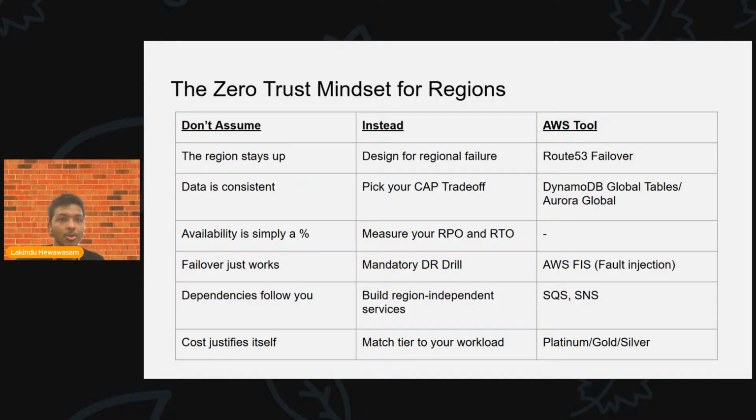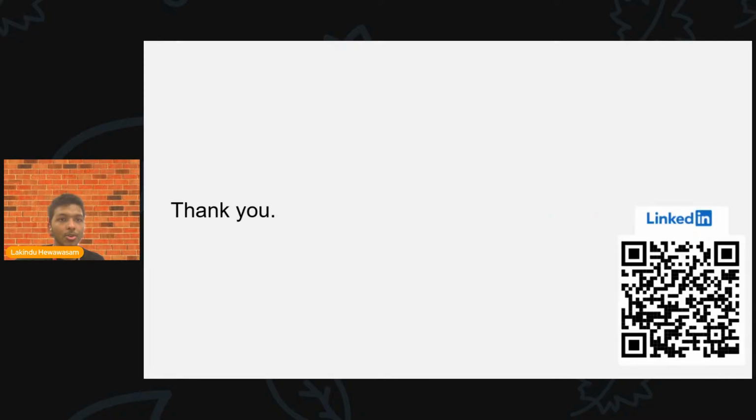And when you are designing multi-region, don't simply assume that this cost will likely have an ROI in the next 5 to 10 years. That won't happen. Always ensure that your workload is fit for your specific use case. By doing so, you can come up with what we discussed, your platinum, gold, and silver tiers of availability and resiliency. So that's pretty much what I wanted to highlight in general.